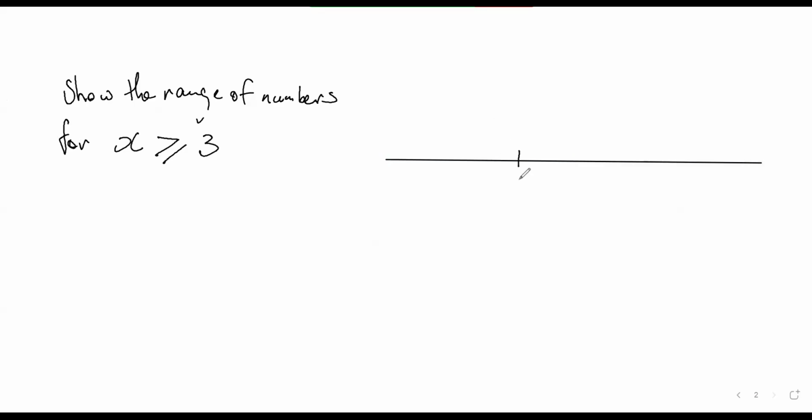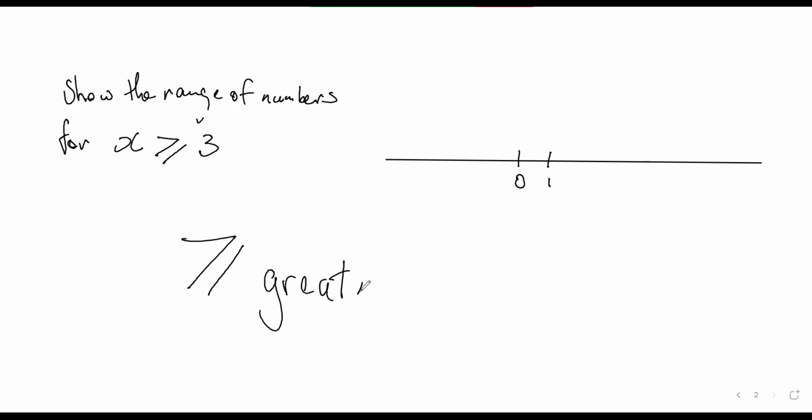So let's say I have this as 0, 1. But notice, this sign is greater than. This stroke means greater than and equal to.